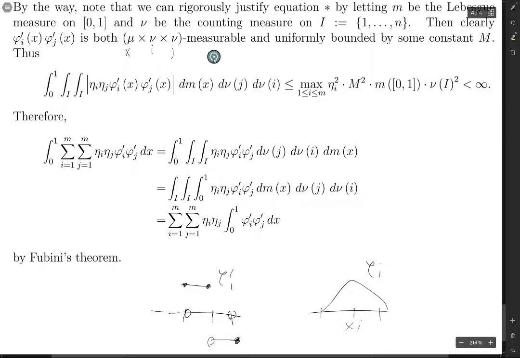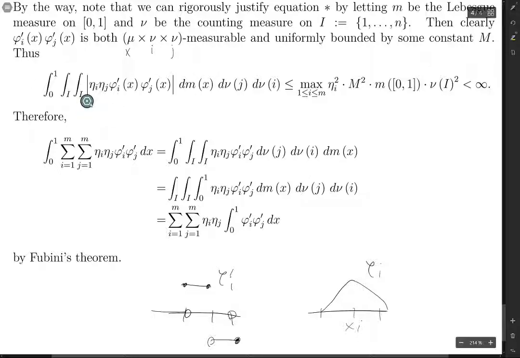Now for the sums, the reason we're actually using measure theory here is that we're thinking of those finite sums as integrals with respect to the counting measure, which we'll denote by nu, on the measure space I, which is just the set of indices from 1 to n. So this sum from i equals 1 to m is actually just the integral over that set I with respect to the measure nu. So that's what's going on here.